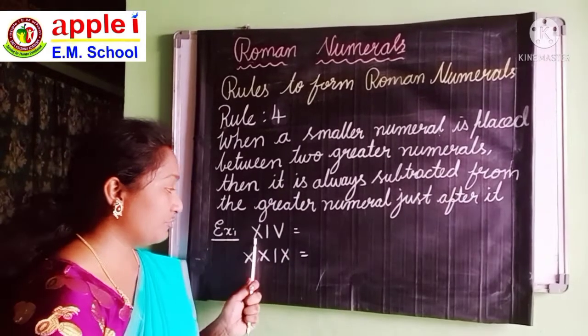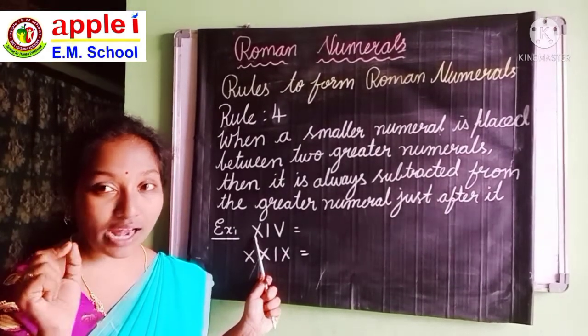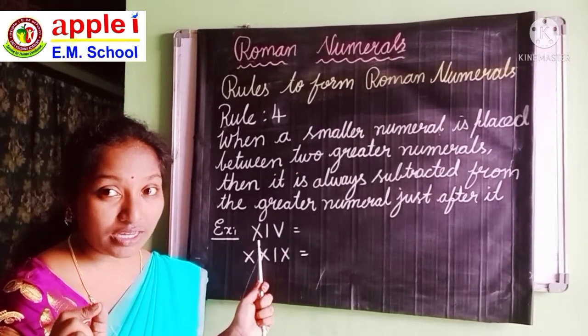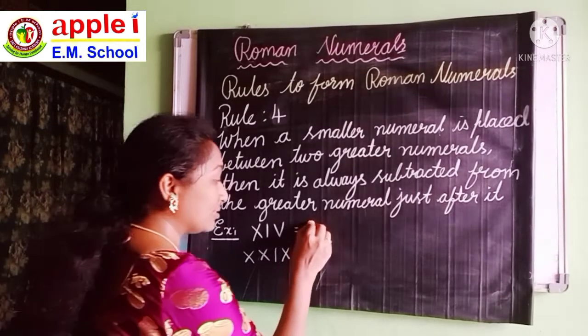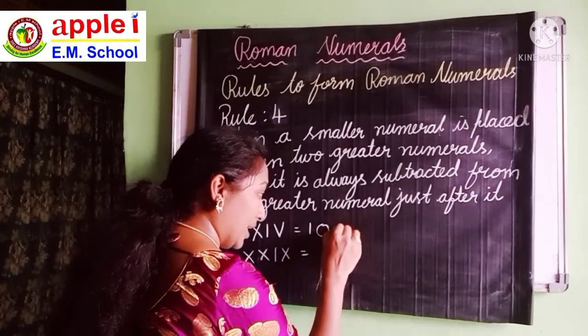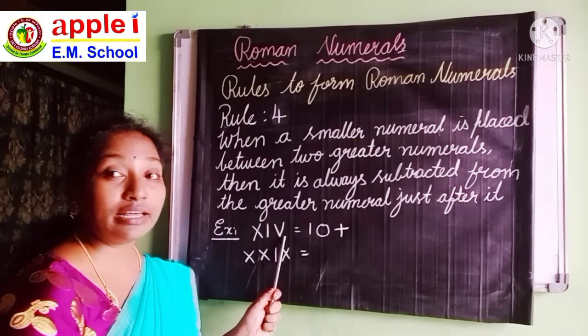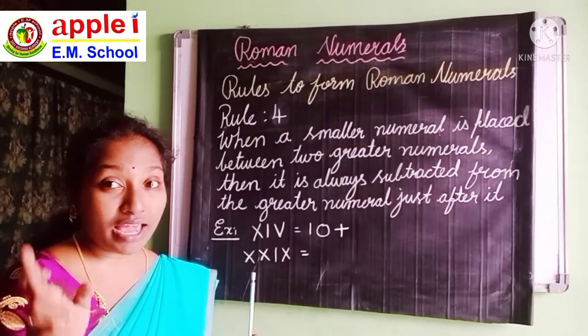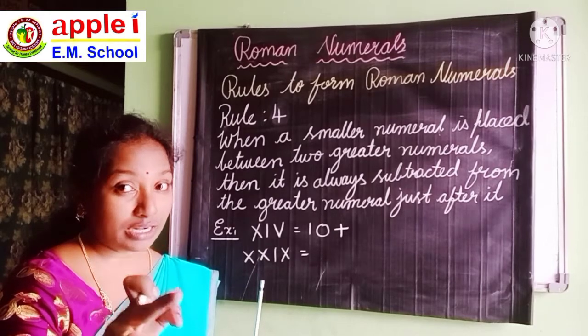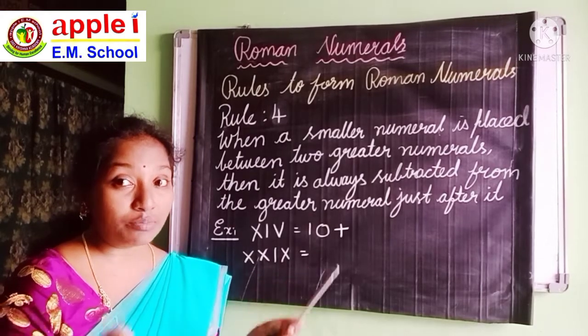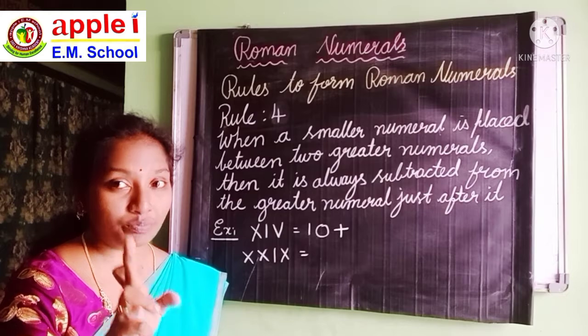Okay? See, first write the greater numeral as it is. What are we having here? X. X means 10. Next see, small and big. Already we have learned in rule number 3. Small, big means we have to subtract.